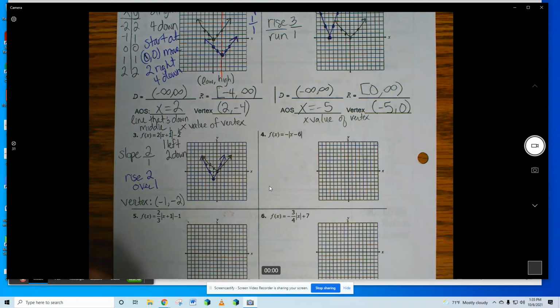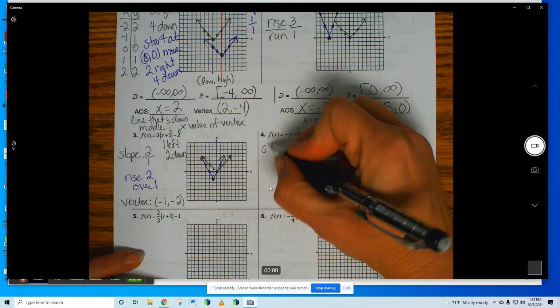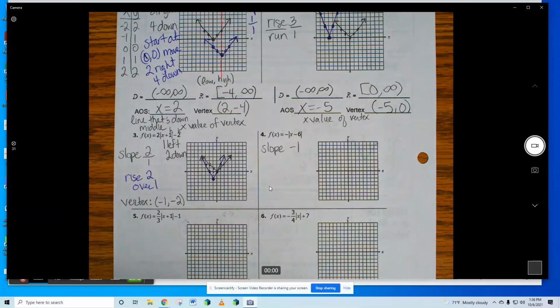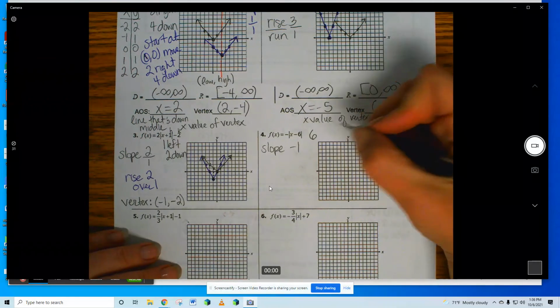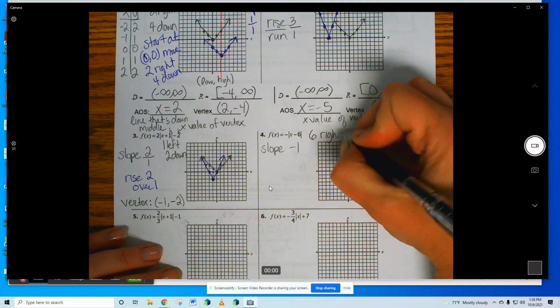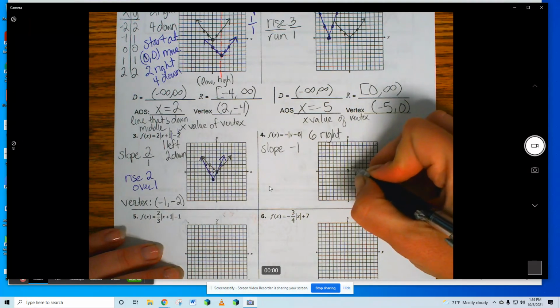Number 4 has a -1 slope. Remember, this is facing downward. And it's 6 to the what? Right or left? Right. 6 to the right. Plot your parent function. Am I going too fast?